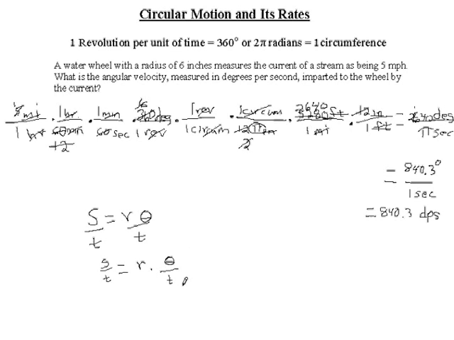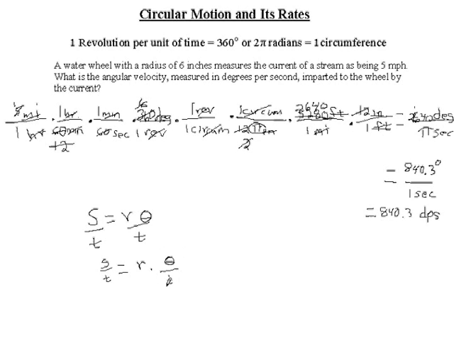So radians per unit of time, well, that would be an angular velocity. So we have here a direct relationship from our arc length formula, or our definition of our radian, that directly relates linear velocity to angular velocity.